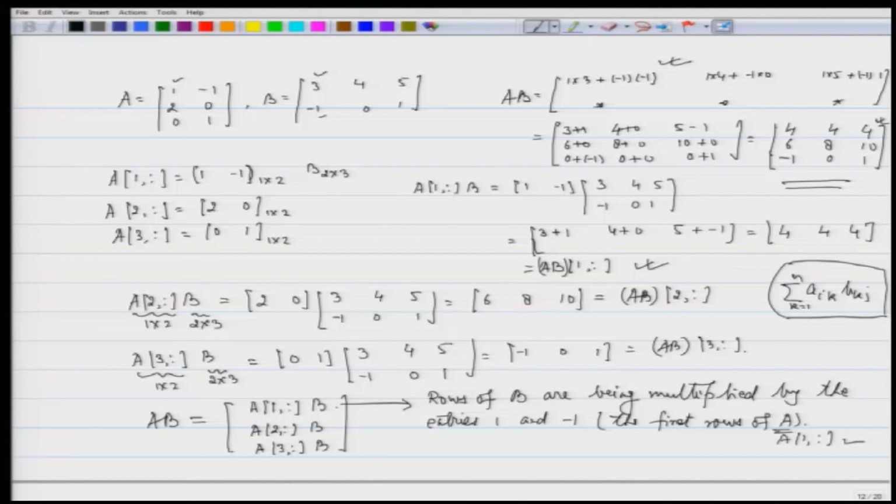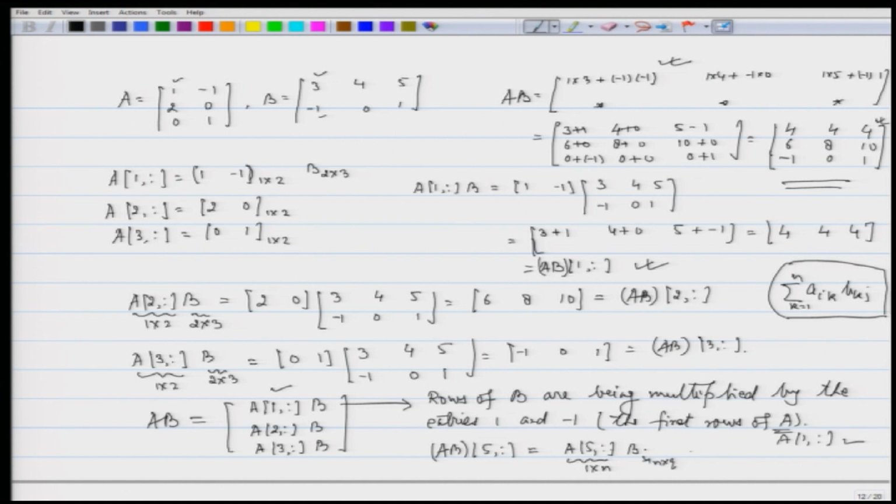But there is another way of learning things here, which says that I can compute the first row of AB just by multiplying the first row of A with B. If I want to compute the fifth row of AB, I just have to look at the fifth row of A and multiply it by B. It makes sense because if A was m cross n, then the fifth row is nothing but 1 cross n and B is n cross q.